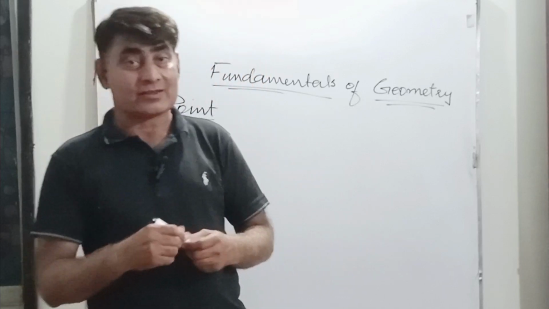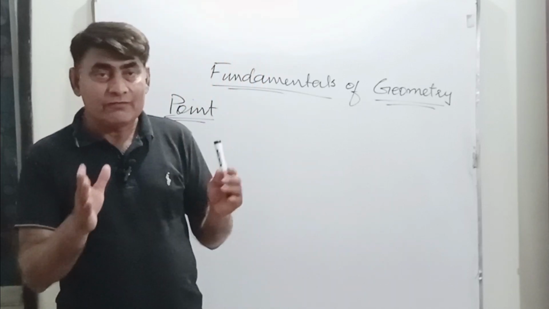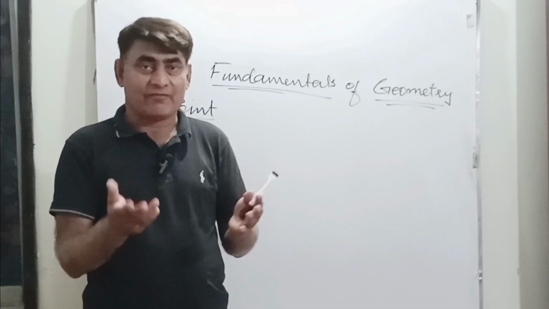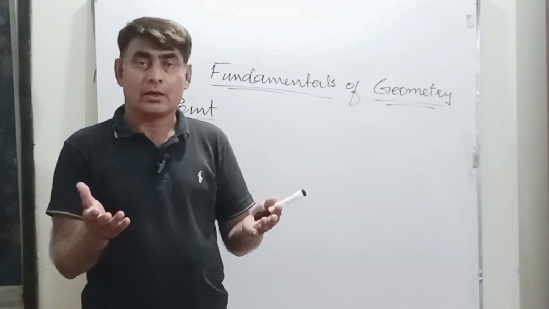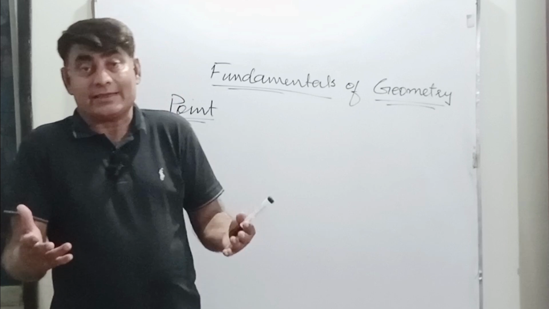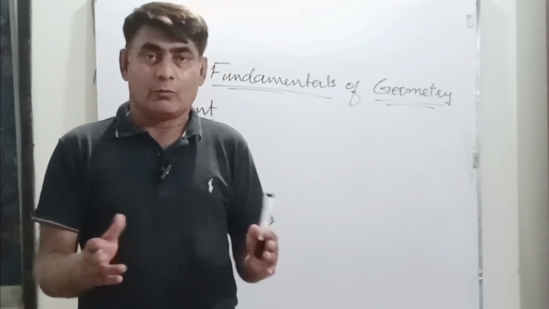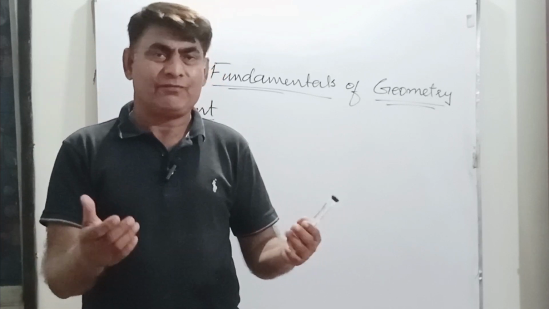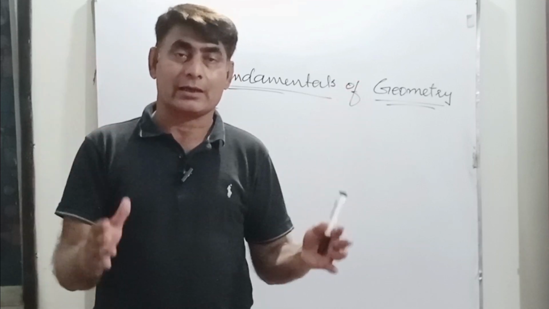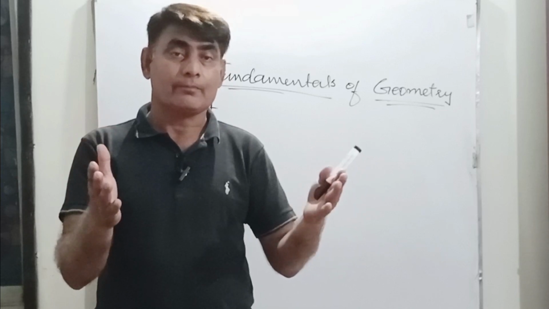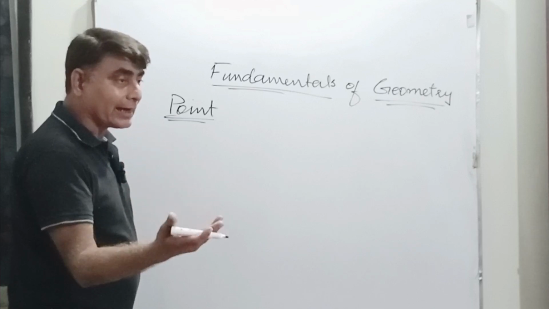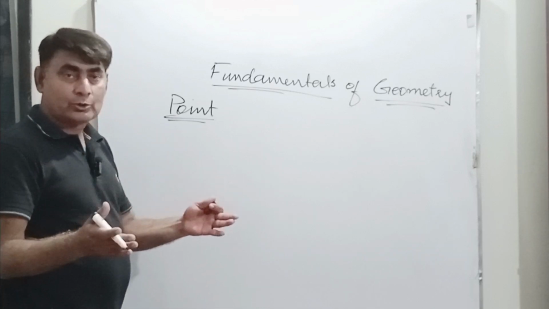When we discuss reference lines, we mean a coordinate system: two mutually perpendicular lines, x-axis and y-axis, form a coordinate system, and then we discuss position with respect to these reference lines. But if we say with respect to a point, that is polar coordinates in some higher classes, so later on we will discuss it. Right now, a point is something that describes position with respect to reference lines.